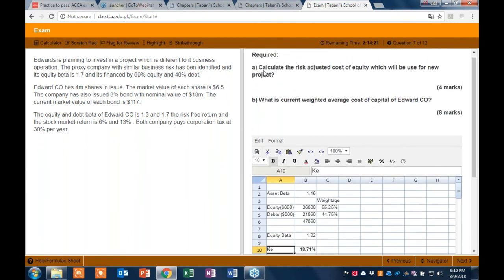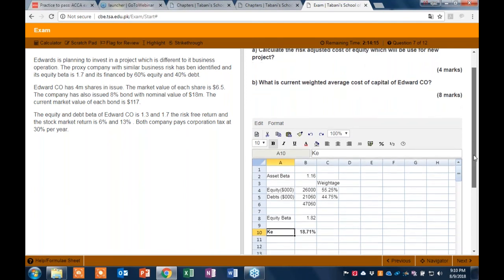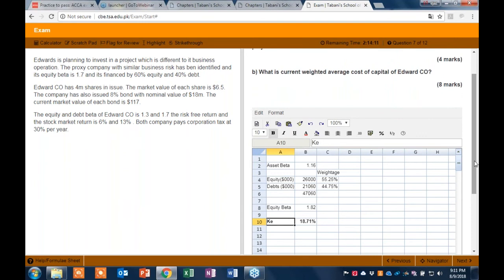So we're done with part A, which was to calculate the cost of equity, the risk-adjusted cost of equity. Any questions?